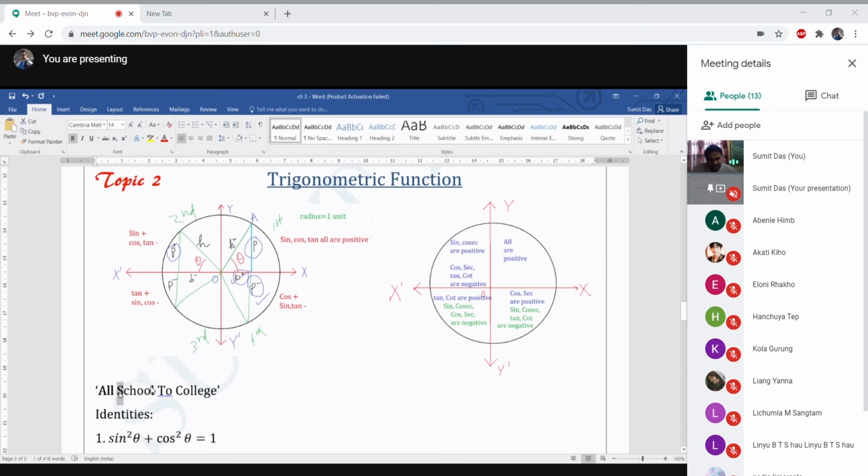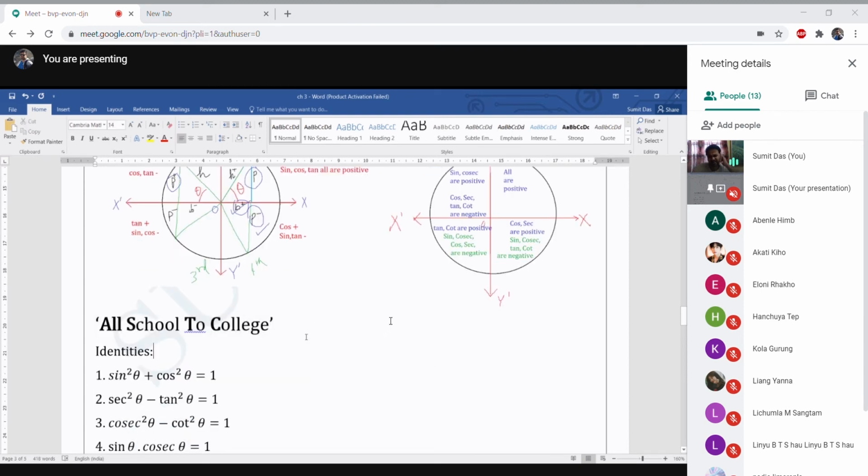Why school? School starts with sine, right? Then T, tan is third quadrant, and C, cos is fourth quadrant. There are many catchy lines, like after coffee to sugar, after sugar to coffee, but this is most relatable, so I am sharing that you can remember like this.